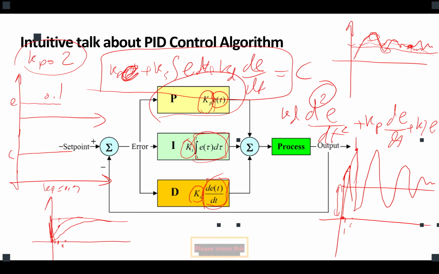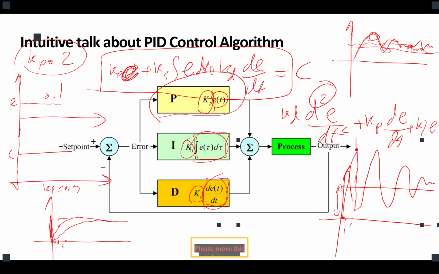Same goes for the derivative part. If you look at the KD, it sees the change. If I have a lower KD, it basically means I see the speed of change, the rate of change for my error.